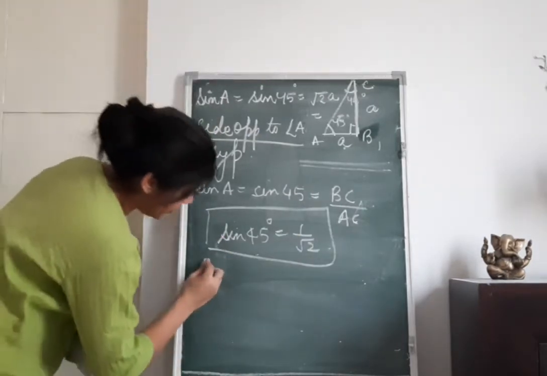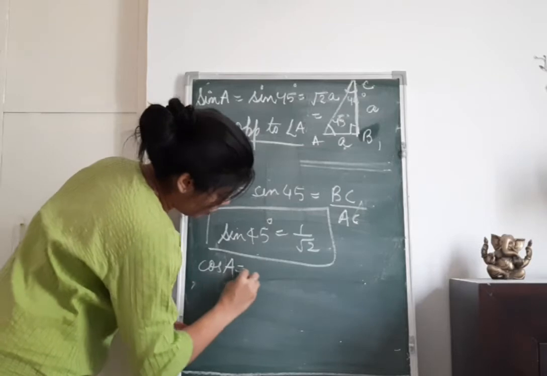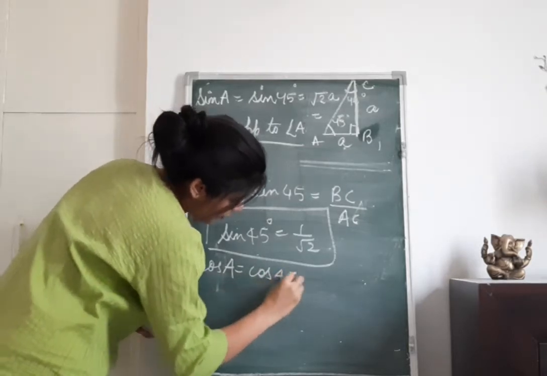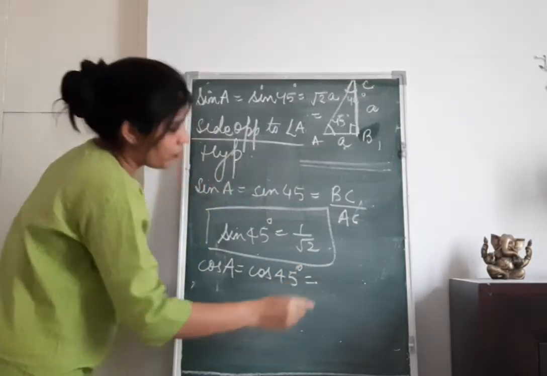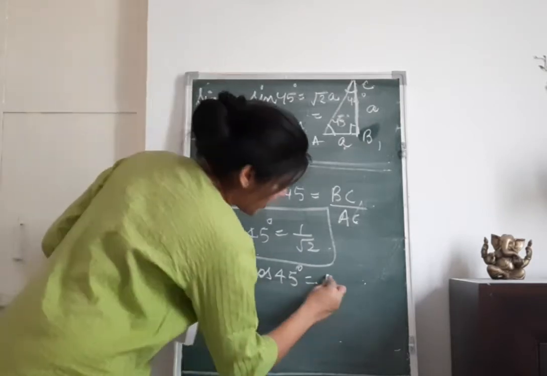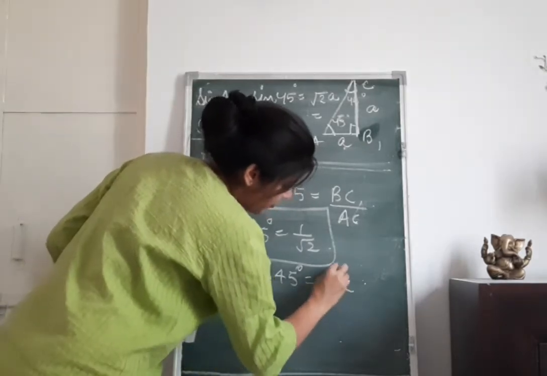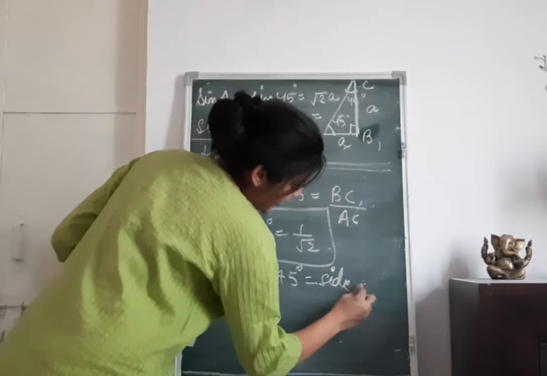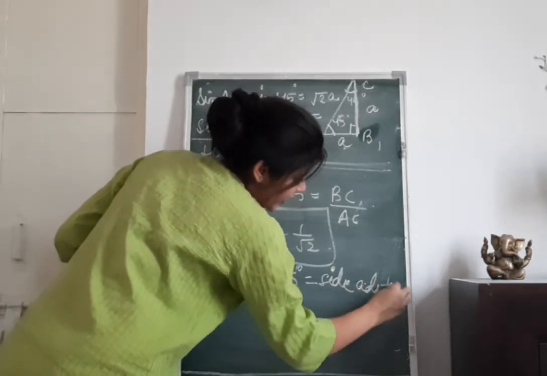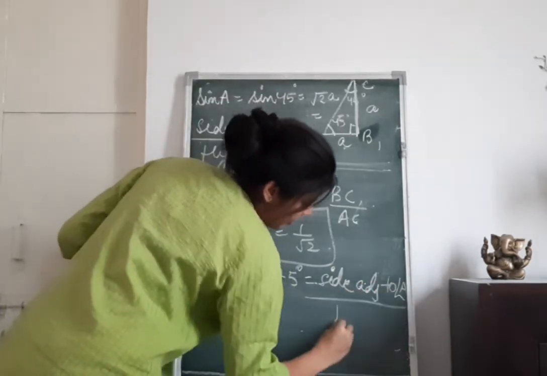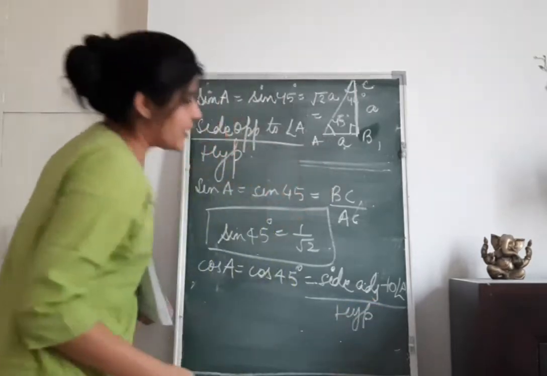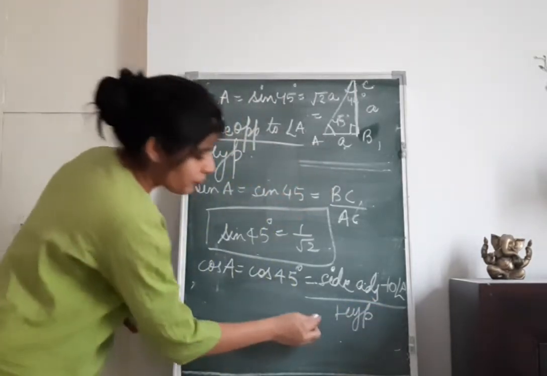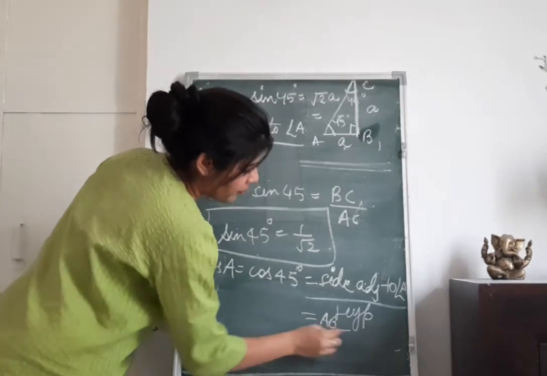In the similar manner, let us try to find out cos A or cos 45 degree. Cos A will be equal to side adjacent to angle A upon hypotenuse. Which side is adjacent to angle A? AB, and hypotenuse will be what?